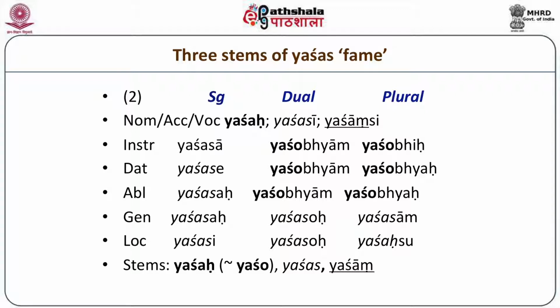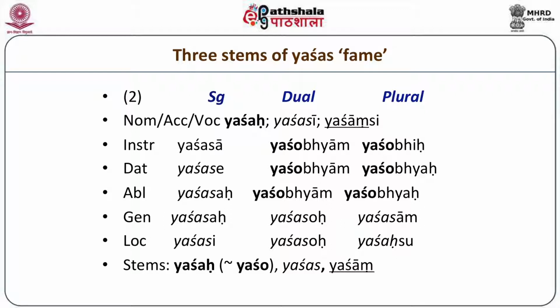Manah, manas, manam, mano. There are 4 stems. Now, some of these contrasts can be thrown out because they are due to automatic alternation. Mano and mana are in a state of automatic alternation. So mano can be regarded as a variant of mana. That means the noun manas has 3 stems. Mana, manas, and manam. 3 distinct stems.